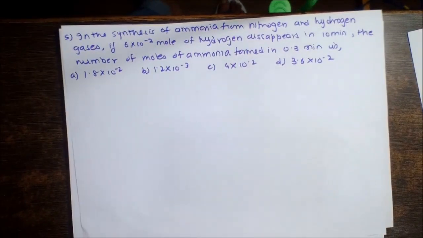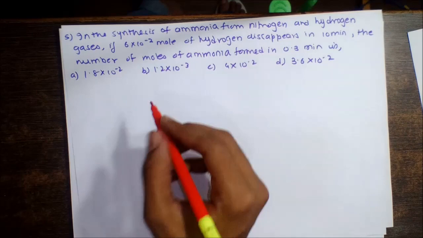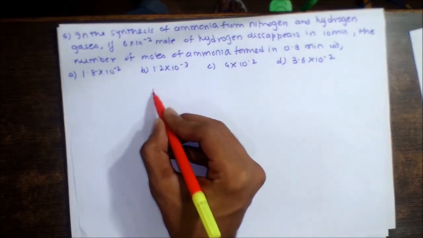Question 5. In the synthesis of ammonia from nitrogen and hydrogen gases, if 6 into 10 raised to minus 2 mole of hydrogen disappears in 10 minutes, the number of moles of ammonia formed in 0.3 minutes is. Consider formation of ammonia.